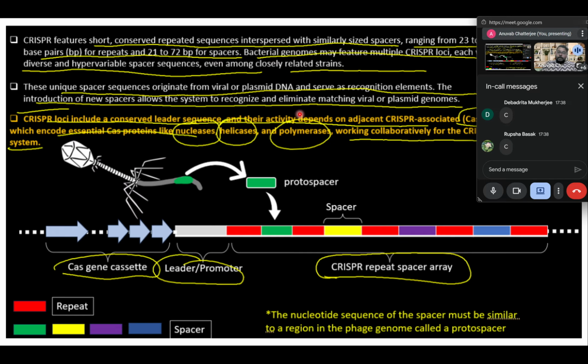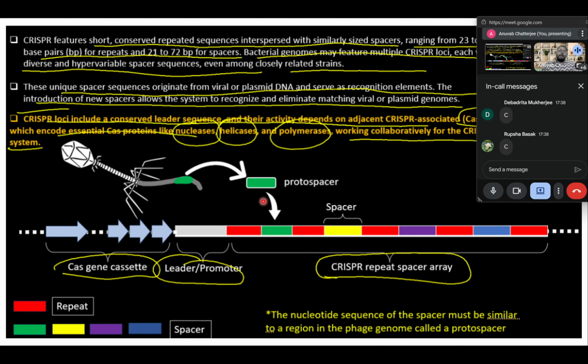When a particular virus infects the bacteria that the bacteria has not seen before, then there are different Cas proteins, Cas1 and 2, that look for these foreign DNA sequences, and they essentially take part of the DNA sequence and integrate them into the CRISPR repeat spacer array.